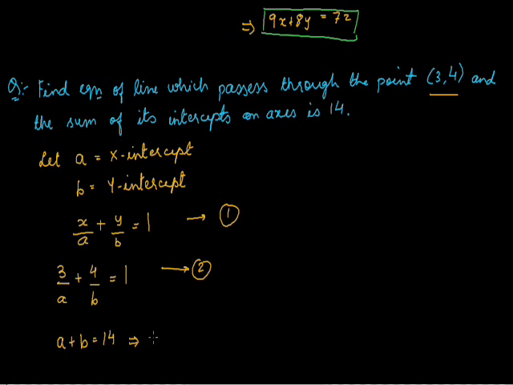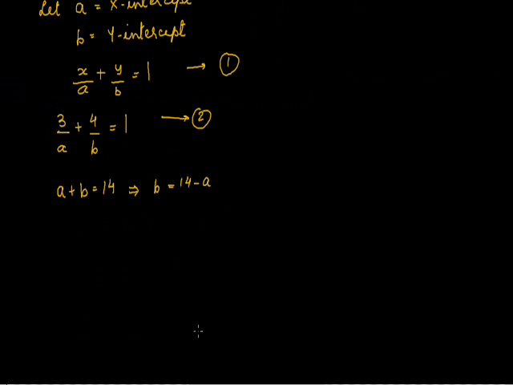This implies that B is equal to 14 minus A. Now substituting this value of B in equation number 2, it becomes 3 upon A plus 4 upon B, where B becomes 14 minus A, is equal to 1.